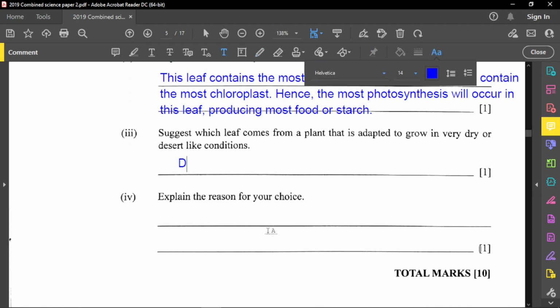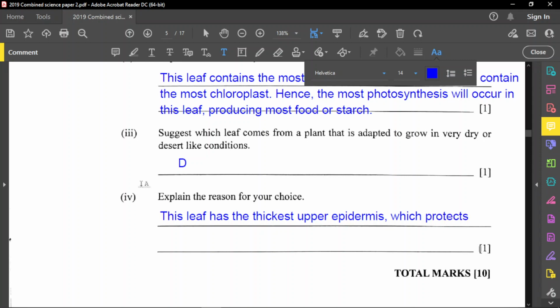It says explain the reason for your choice, and the reason for your choice is that it has the thickest upper epidermis. So this leaf has the thickest upper epidermis, and the epidermis, as I said, will protect the leaf from excess water loss or evaporation.